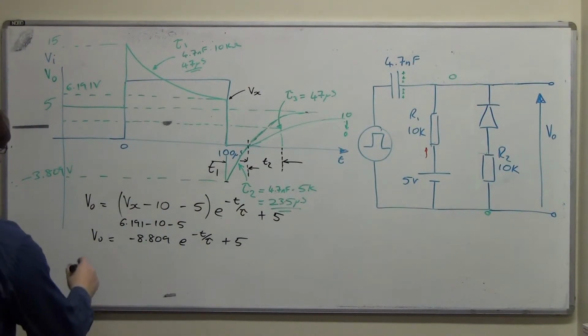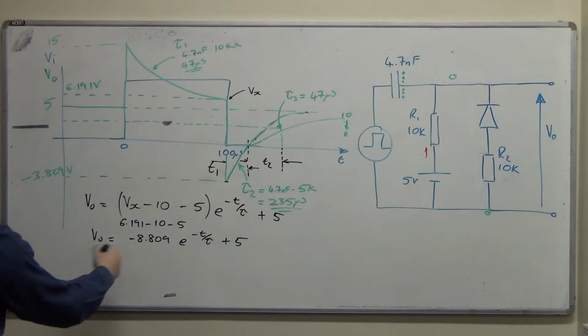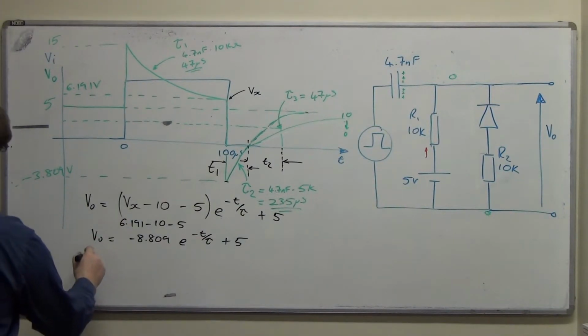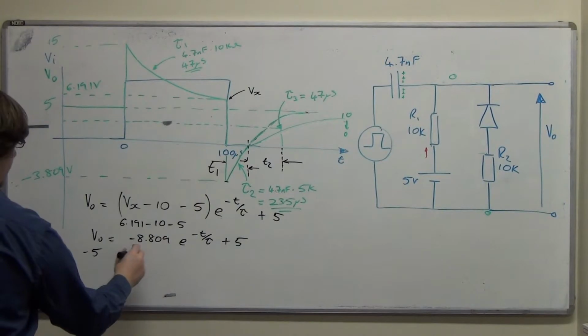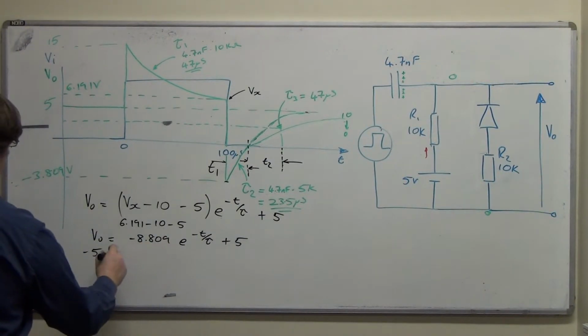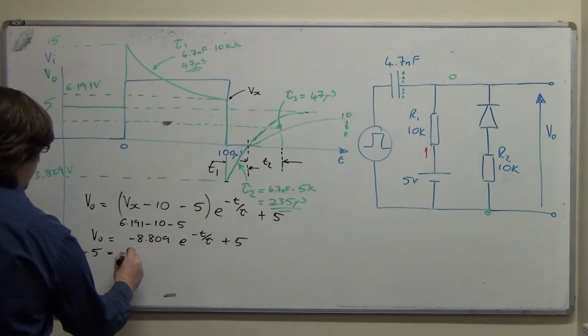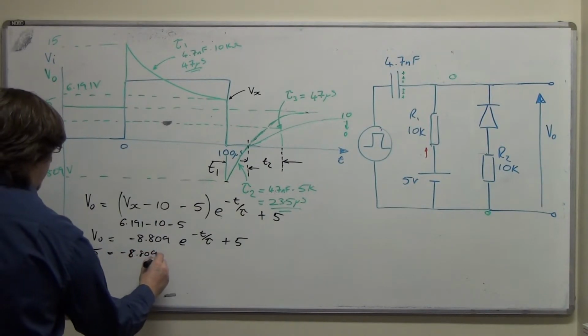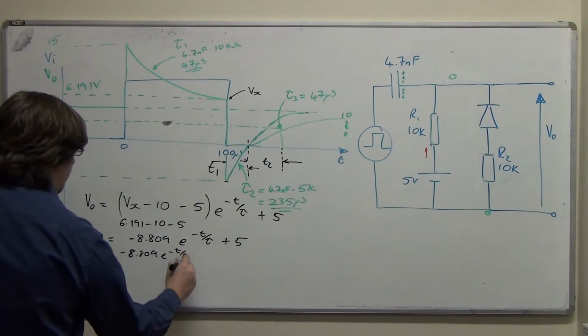So with VO as 0, I'm going to bring the 5 across immediately. So I have minus 5 is equal to minus 8.809 e to the minus t upon tau.